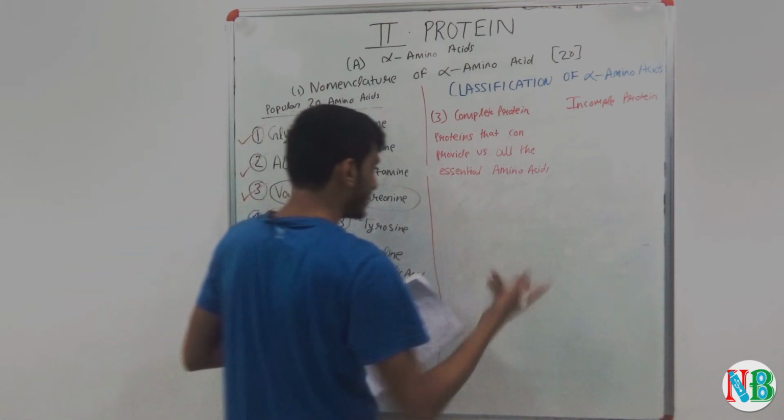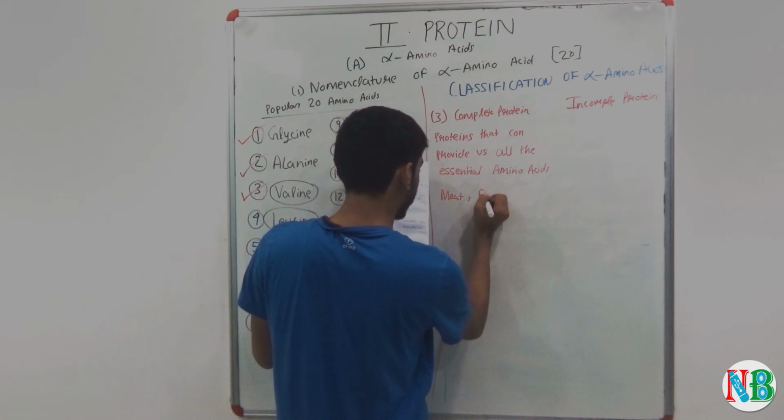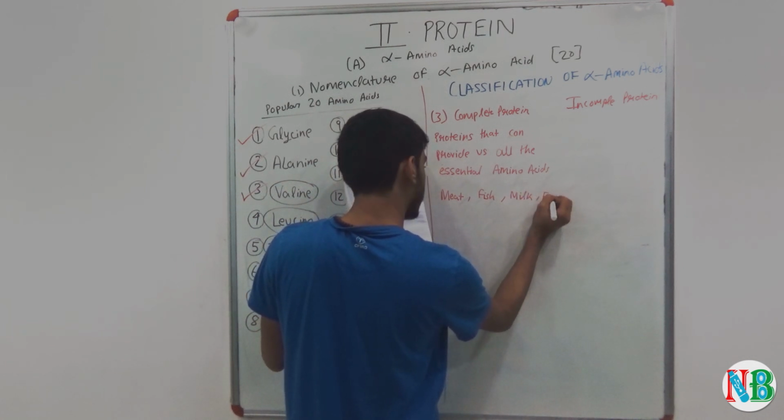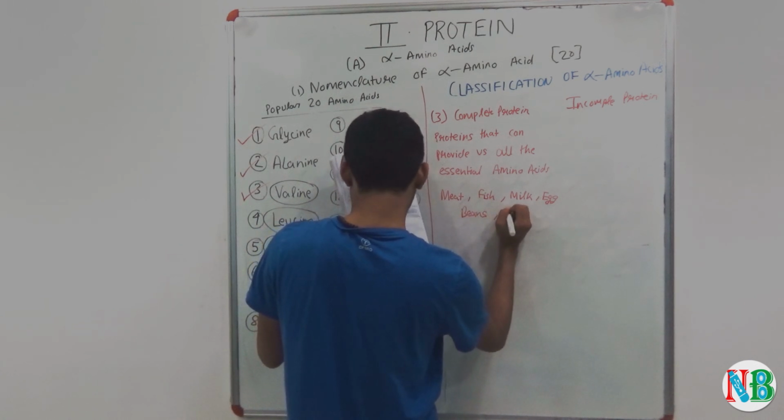Simple. Examples: meat, fish, milk, egg, beans, and peas.